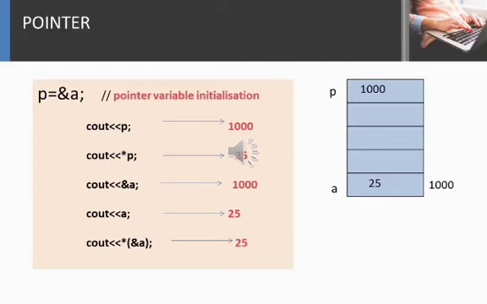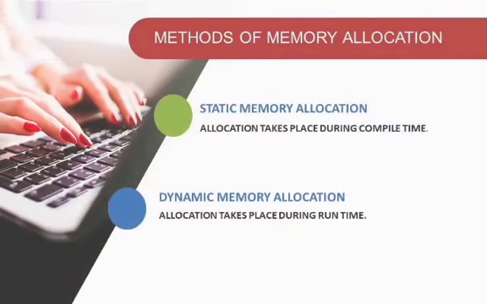The next topic is methods of memory allocation. There are two types of memory allocation, that is static memory allocation and dynamic memory allocation. Static memory allocation takes place during compile time and dynamic memory allocation takes place during runtime. Okay. Don't get confused.